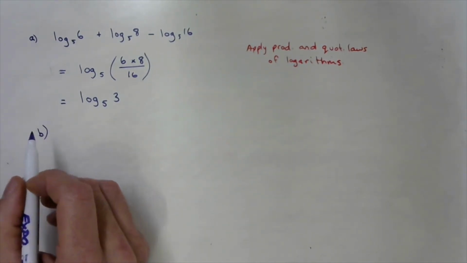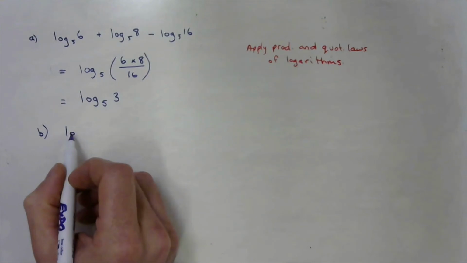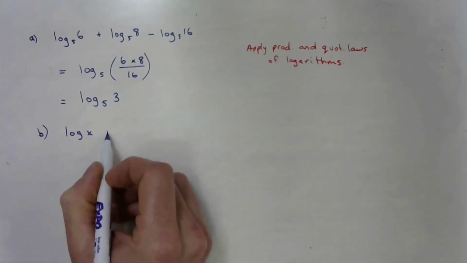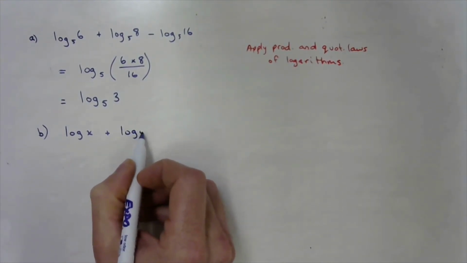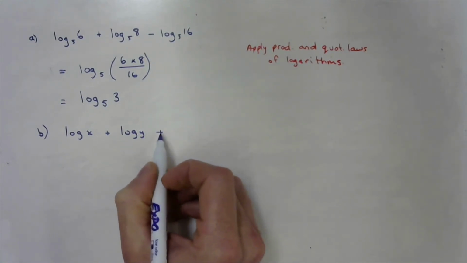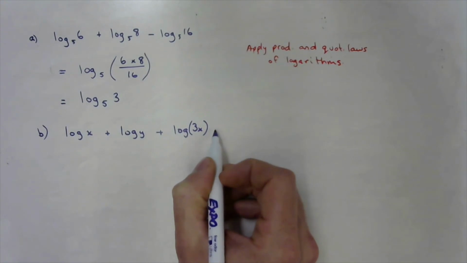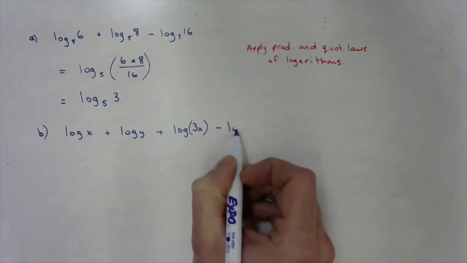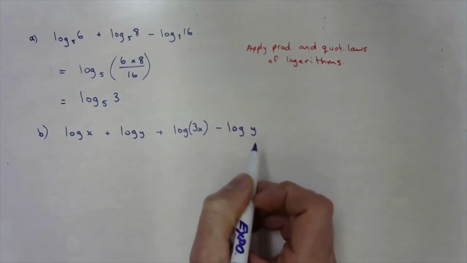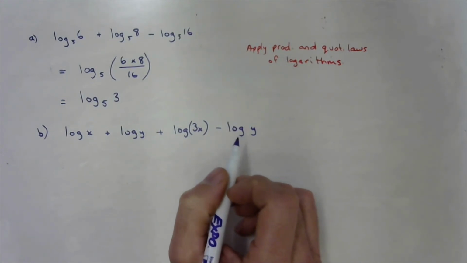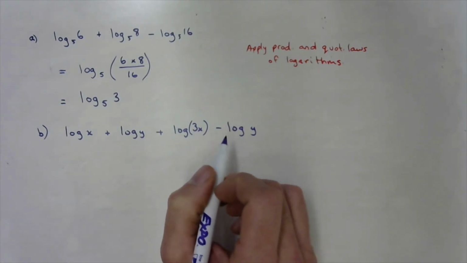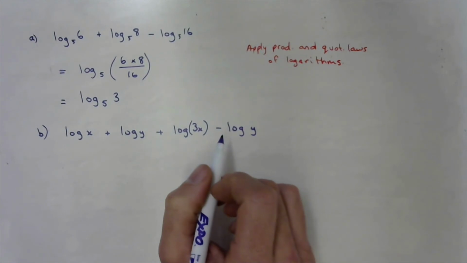The second one says log of x plus the log of y plus the log of 3x minus the log of y. There are two methods that you could use.